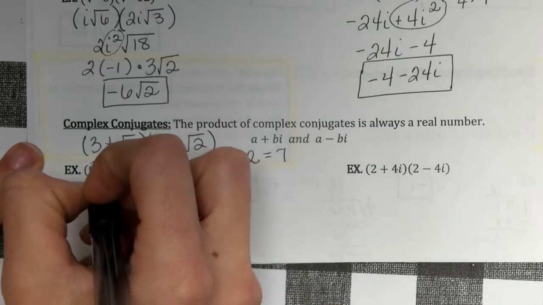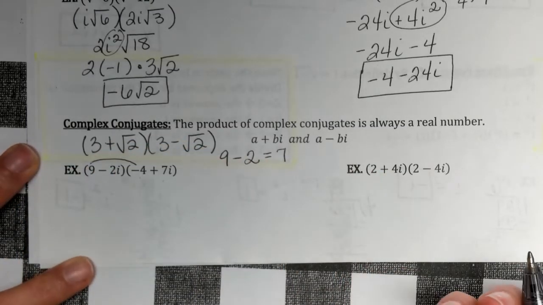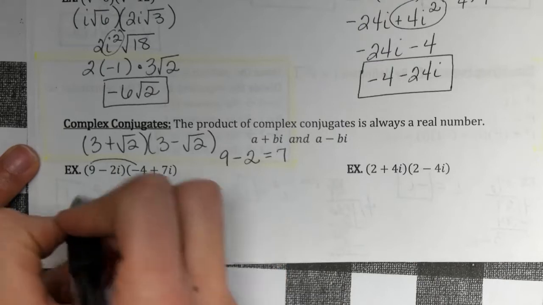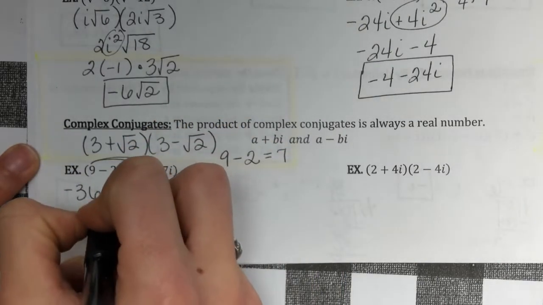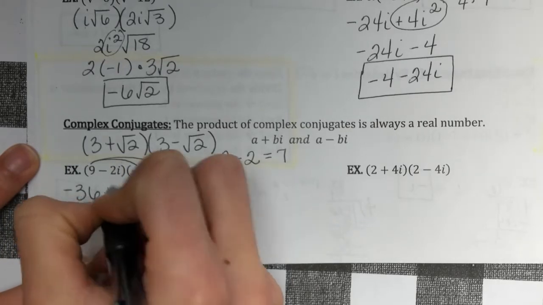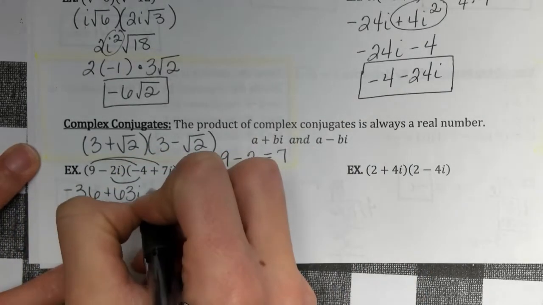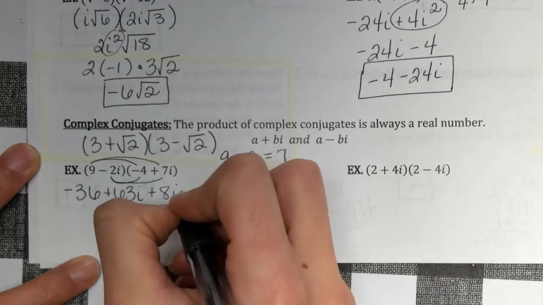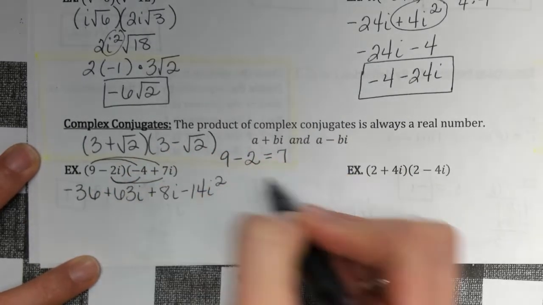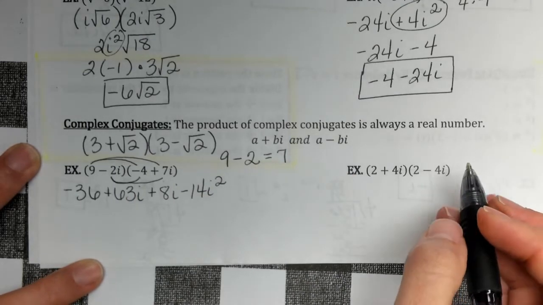So, if I work this example, I've got 9 times -4, which is -36, 9 times 7i, -2i times -4, and then -2i times 7i. Alright, I need to clean it up.